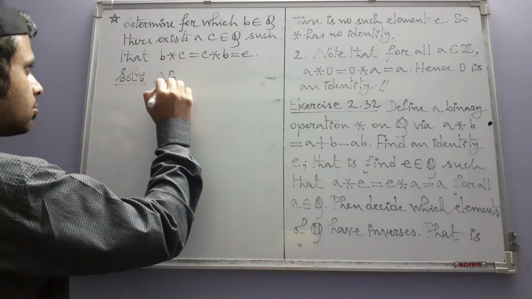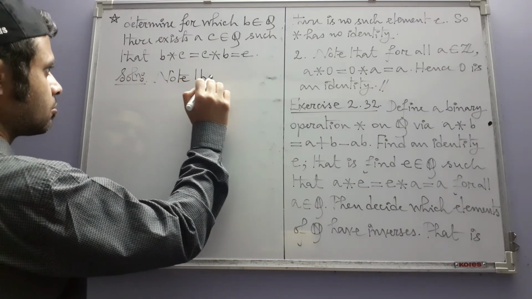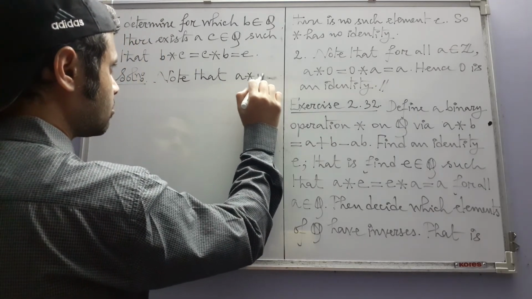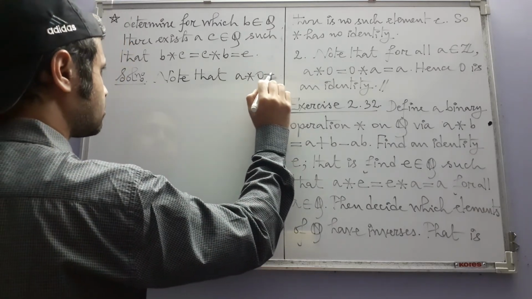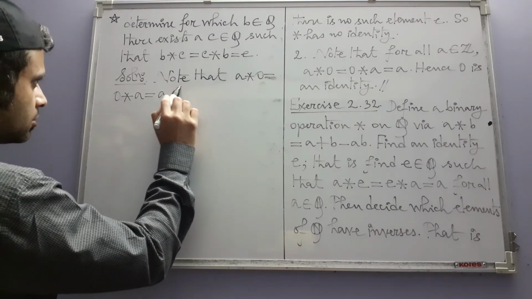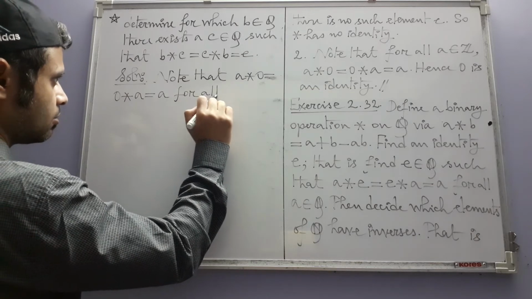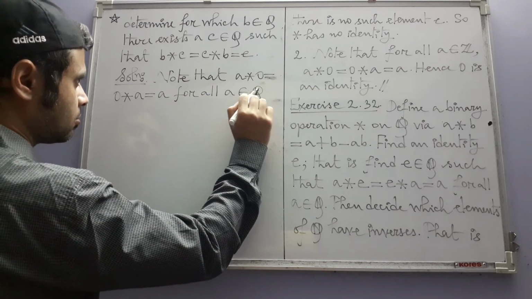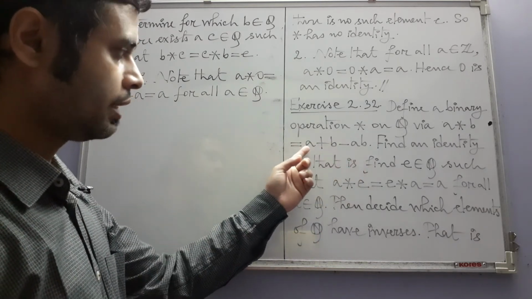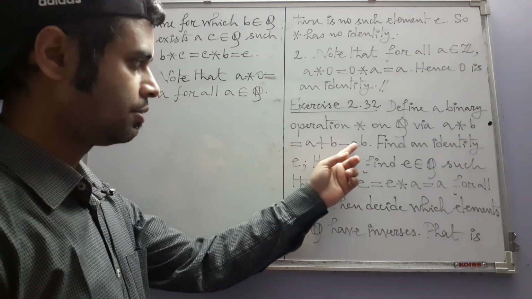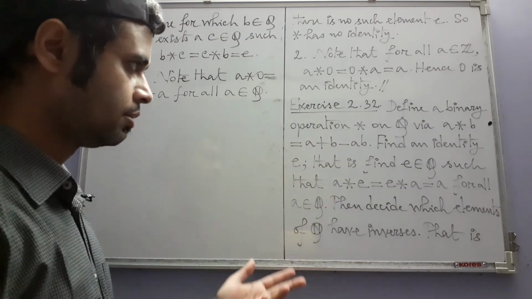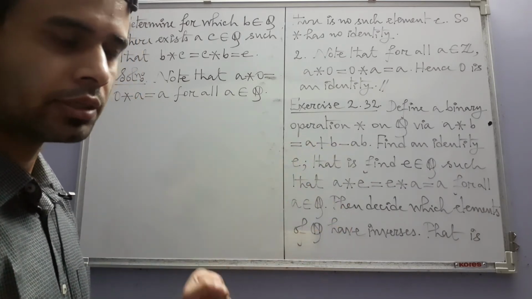Note that A star 0 is equal to 0 star A is equal to A for all rational numbers A. We can see that easily from here. A star 0, for example, is A plus 0 minus 0, or if you calculate 0 star A, 0 plus A minus 0. Star incidentally is also commutative.